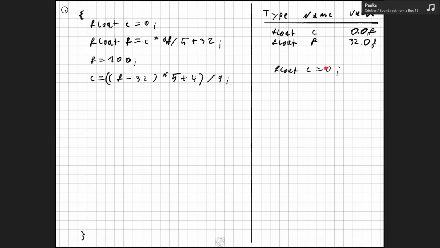But again, the computer knows that integers can just be cast to float. And that's the term we're looking for, casting. This conversion, specifically for changing the type of a value, is a cast.